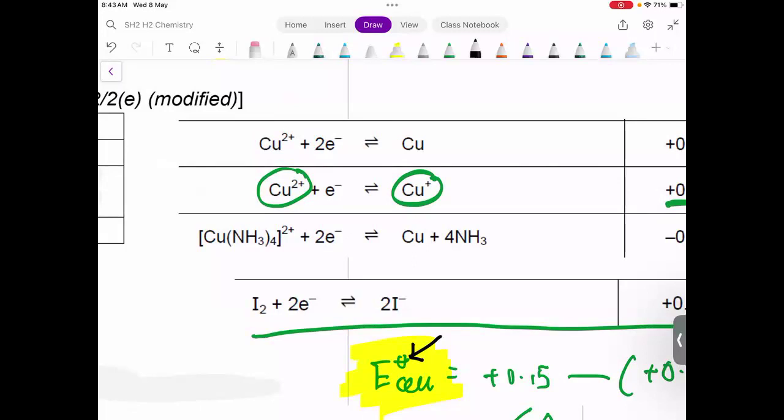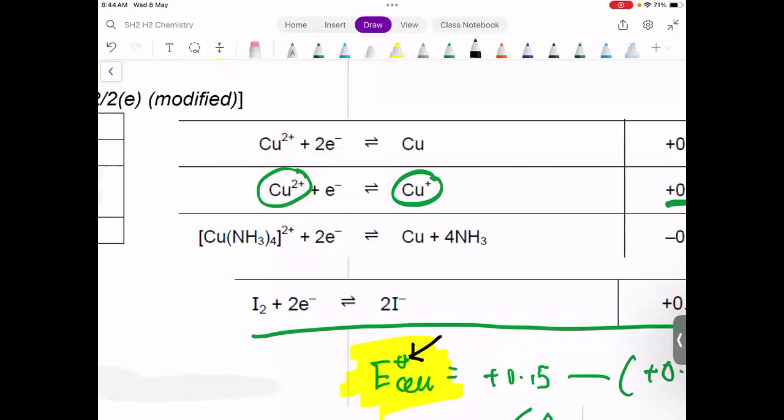So during the reaction, your copper 1 concentration can never hit 1 mole per dm cube. It's always very, very low. So when the concentration of copper plus is always kept very low, what is the effect on the E value? Yes, it will become more positive.